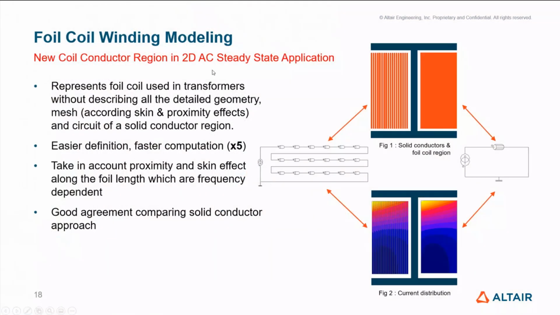And what is new in Flux 2022 is that in the 2D AC steady state applications, the foil coil can be homogenized, as you can see here, to analyze this transformer problem. If not, we should model each layer by a coil solid conductor here. But nowadays we can easily use the homogenization technique to have this kind of modeling.